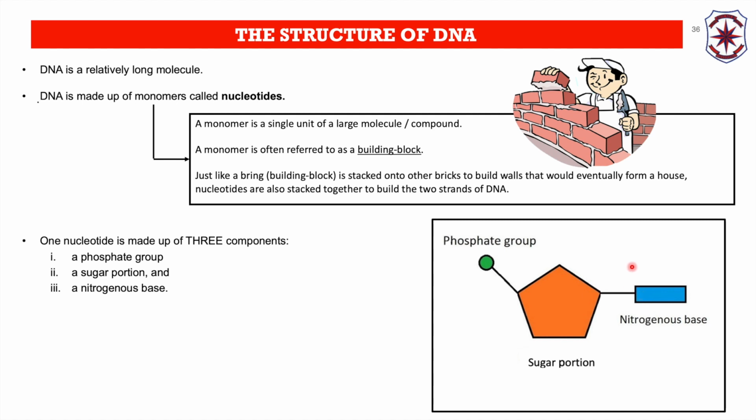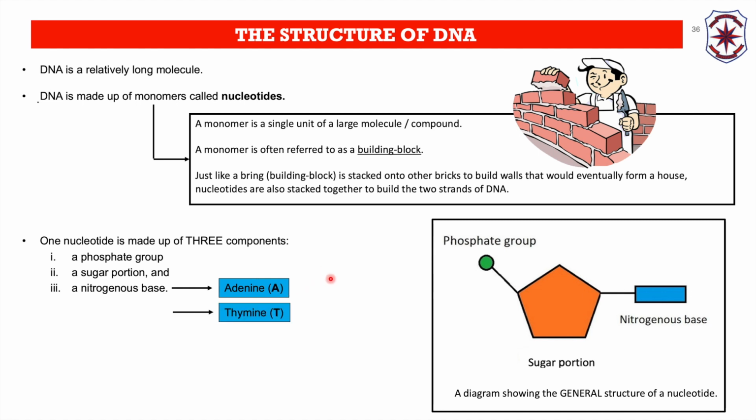But this nitrogenous base can either be adenine, abbreviated A. It can be thymine, abbreviated T. It can either be cytosine, abbreviated C, or guanine, abbreviated G. Okay?